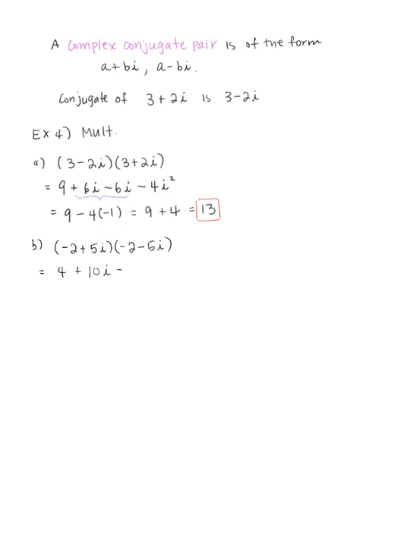And then inner term is minus 10i. And the last term is going to be negative 25i squared. So what we're left with is 4 minus 25i squared, which becomes a negative 1. So here you're going to have 4 plus 25, which is going to be 29.